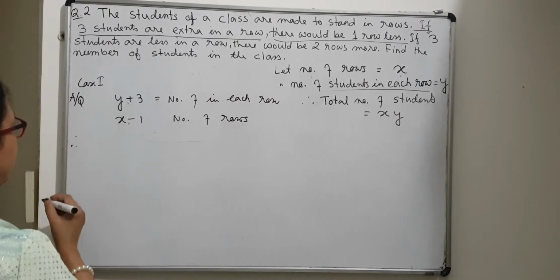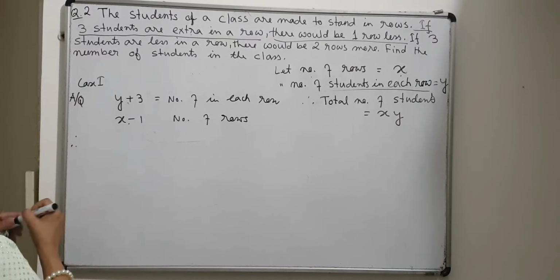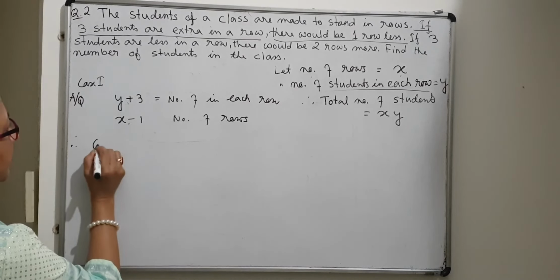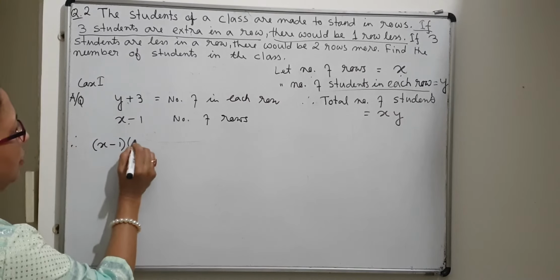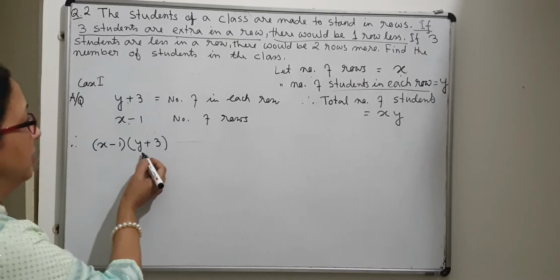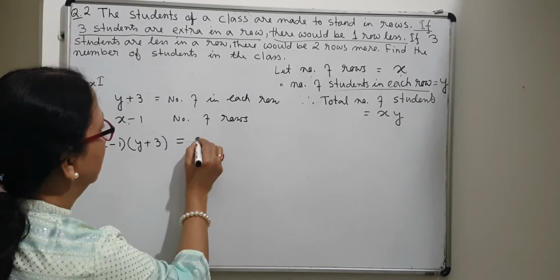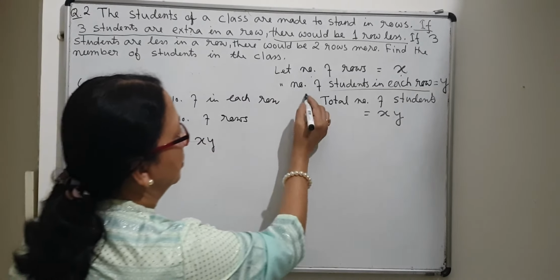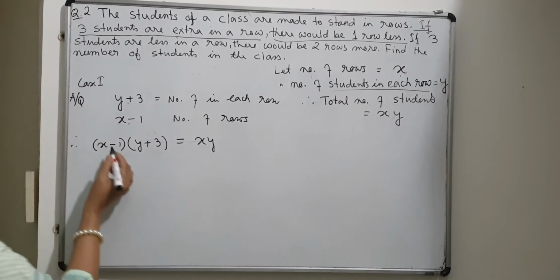So according to the question, I can write x minus 1 into y plus 3, number of rows into number of students in each row, is equal to this one. That was our total number of students.